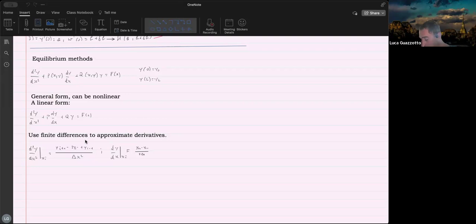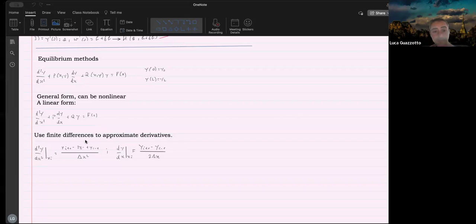Let me just rewrite it. Okay, y sub i plus 1 minus y sub i minus 1 divided by 2 delta x. Okay, I got this part.